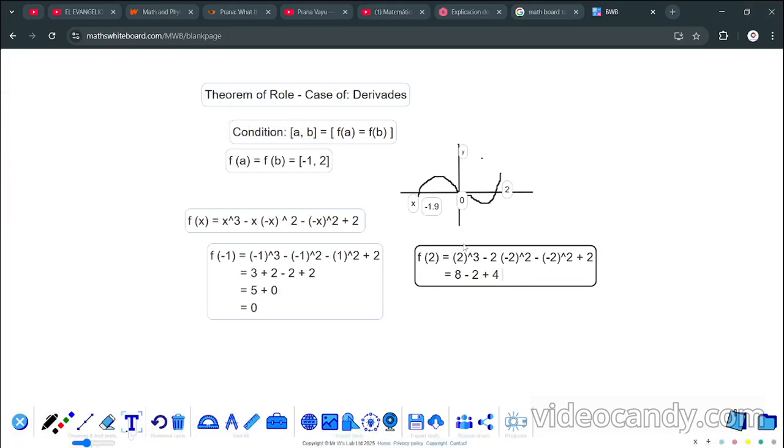And we have to make, for example, now the minus by minus is equal to positive, and 2 by 2 is equal to positive as well, and that is 4.